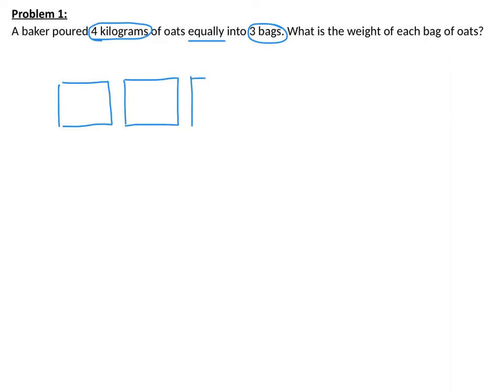Yes, the wholes need to be about the same size. And then I'm breaking each one into 3 because I'm taking those 4 kilograms and breaking it into 3 bags.